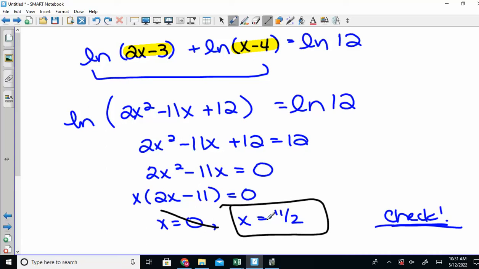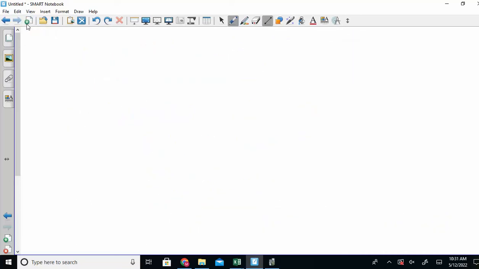Let's do another log problem. Can we do it when we have to put it into log form? Yes, like where you can't get a common base, is that what you're saying?